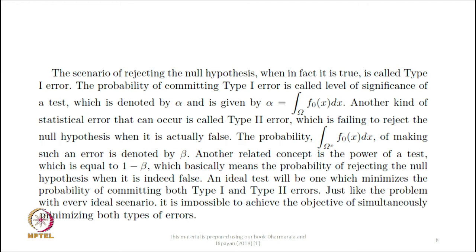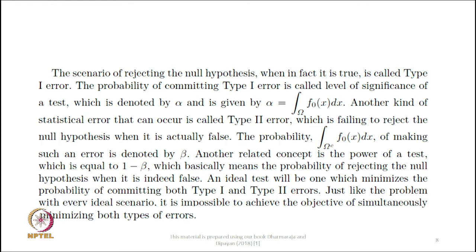Suppose your observed information says false and the null hypothesis is also false, then there is no error. The error comes when the observed information concludes the negation of the statement you made, that statement being the null hypothesis. Similarly, if the observed information says true, whereas the null hypothesis is false, then also you have an error.